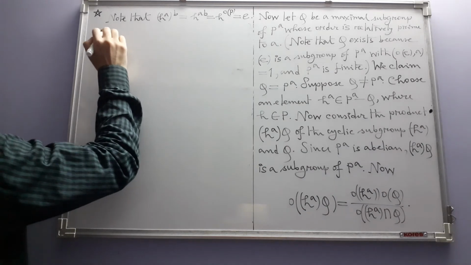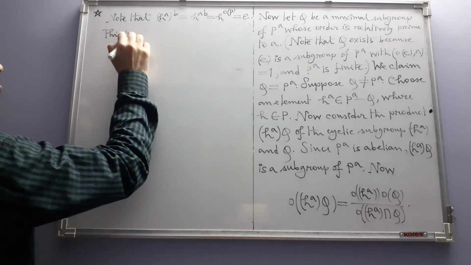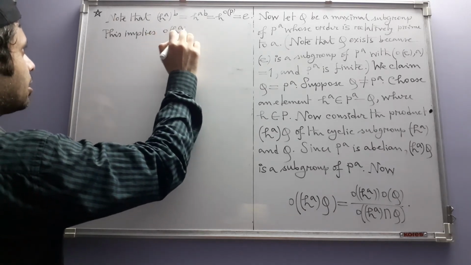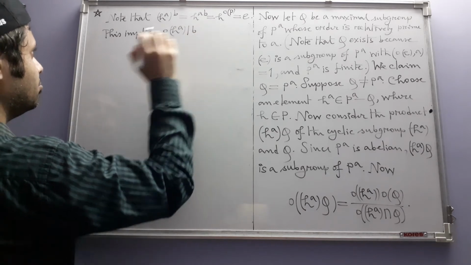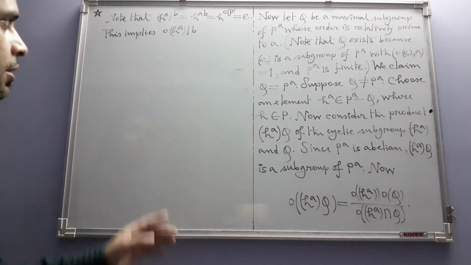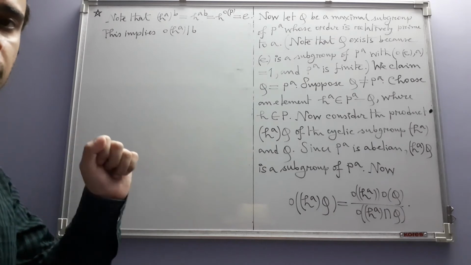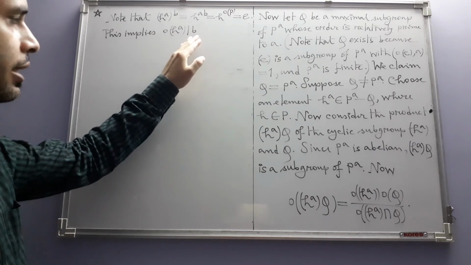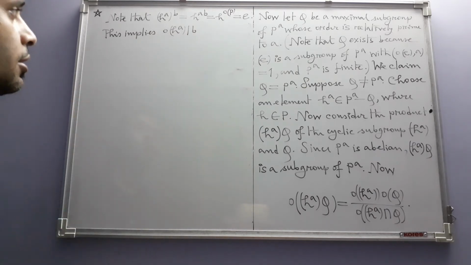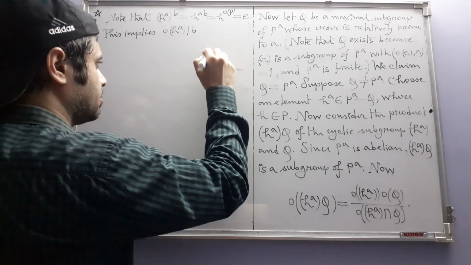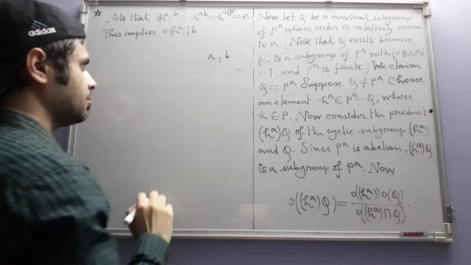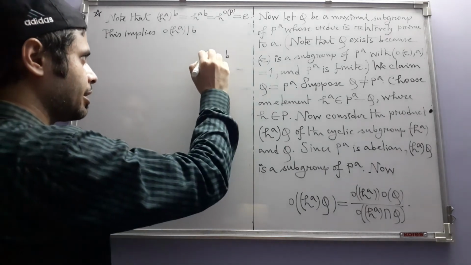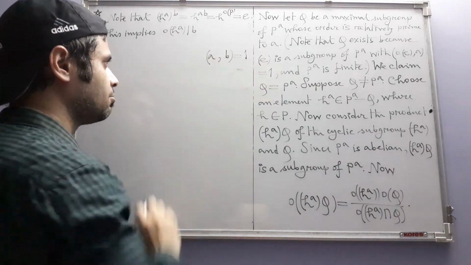This implies order of h to the power a divides b. Now since a and b are relatively prime, it means that order of h to the power a is a divisor of b. Let us explain it more clearly. What is the consequence of a and b being relatively prime? It means that their greatest common divisor is 1.